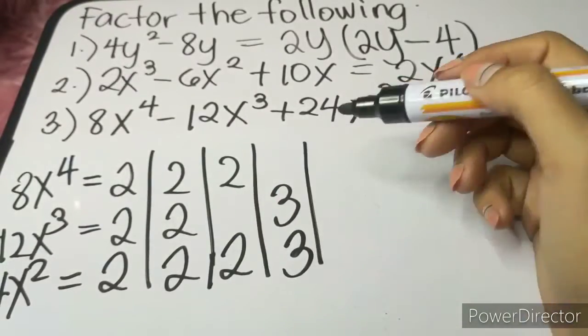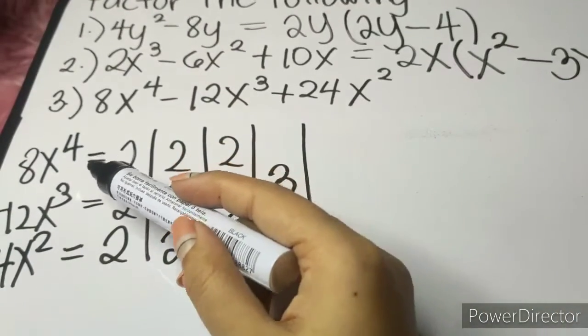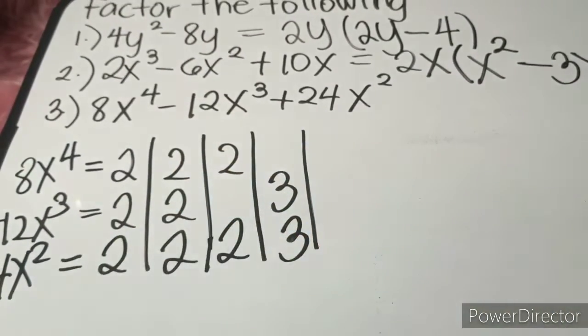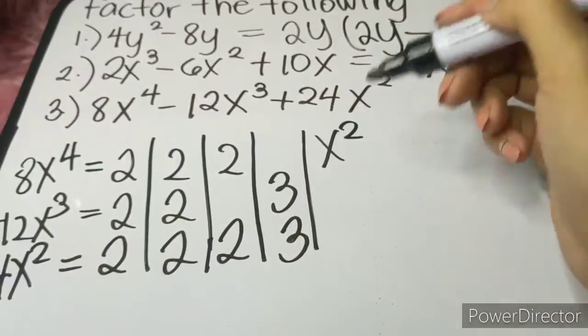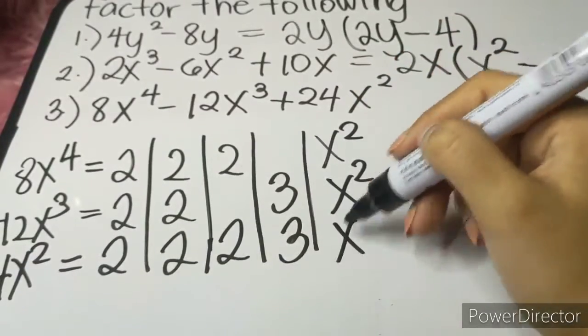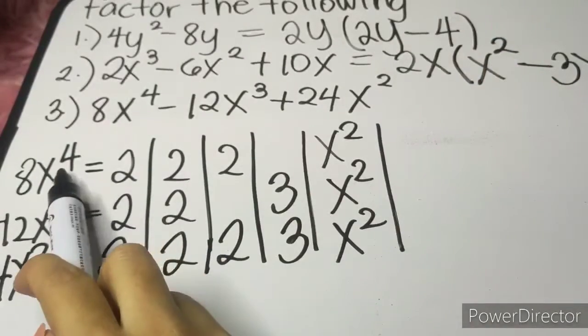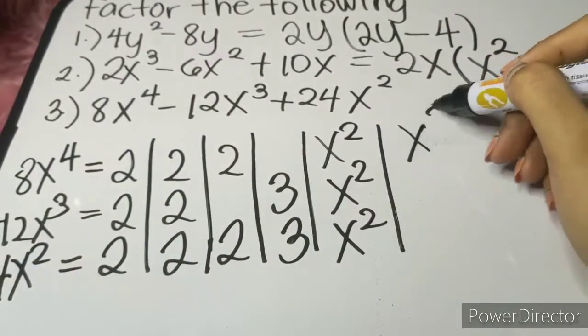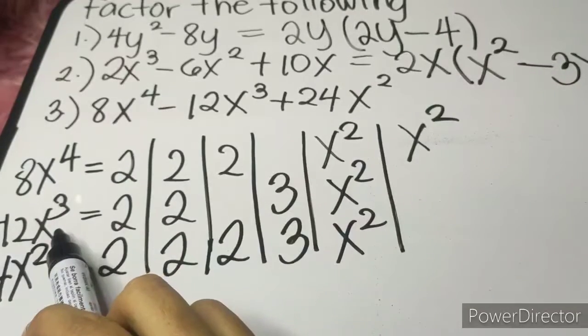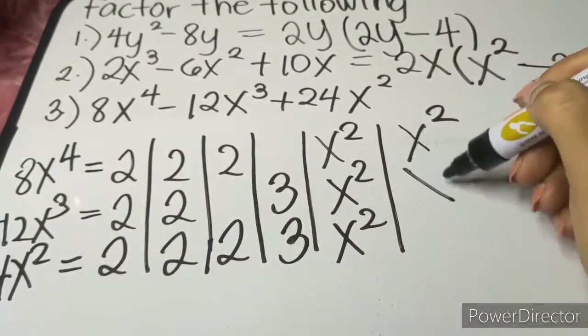And then, yung variable nila, tingnan natin ano yung pinakamababa. X raised to 4. Pareho sila, lahat sila may x. Okay? And then, yung common nila, o yung pinakamababang variable is x squared. So, sulatan natin dito x squared, x squared, x squared. And then, kapag kinuha ko yung x squared dito, ilan matitira? 2. Ito, pag kinuha ko yung x squared, matitira pa tayo ng isa.